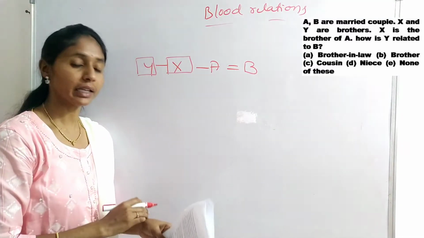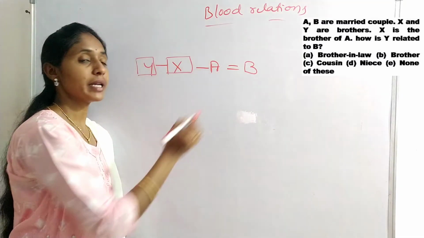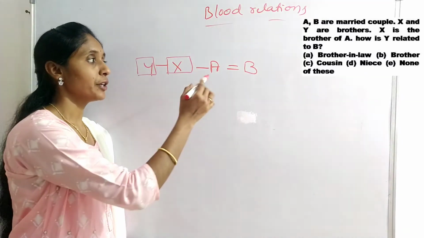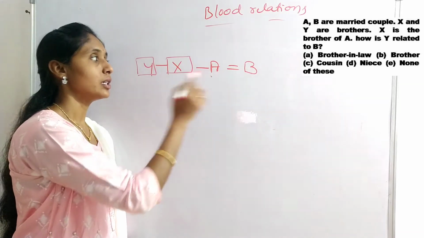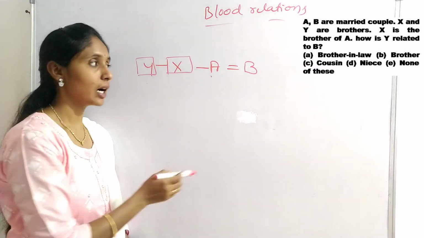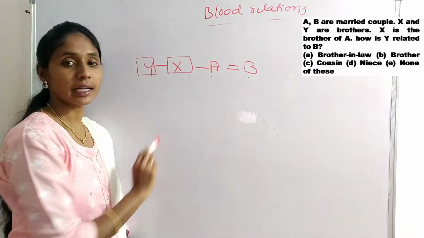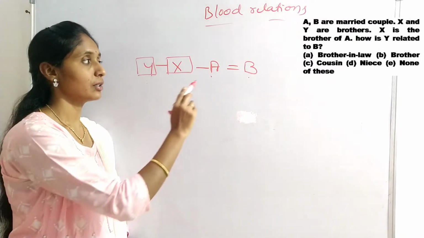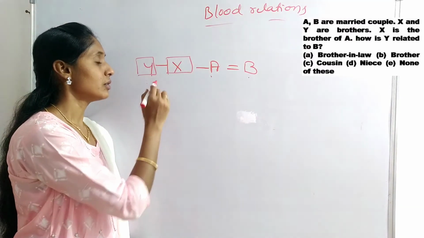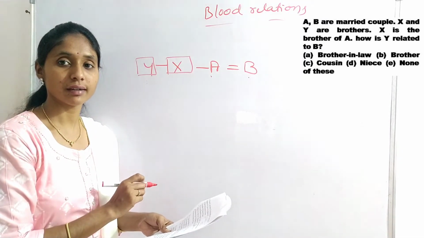How is Y related to B? If A and B are wife and husband, if we take A as husband, Y is related to B as brother-in-law. If we take B as husband, Y is again related as brother-in-law. So option A is the right answer for this question.